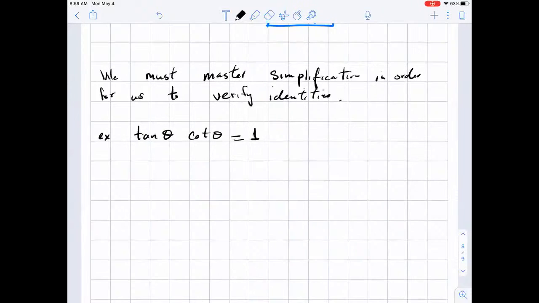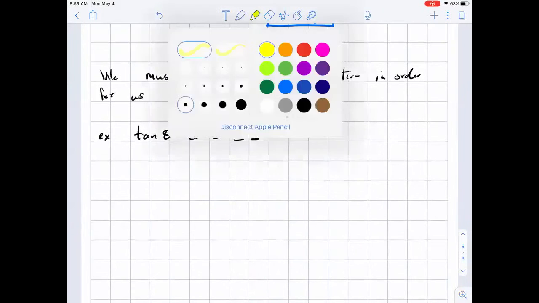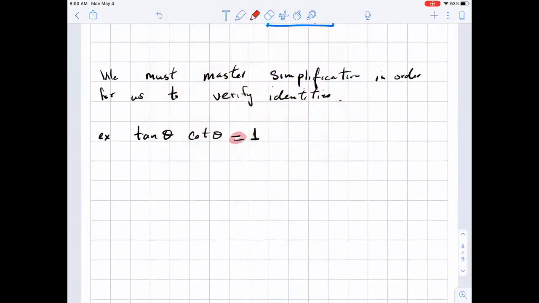Please note that now it's an equation. We want to take the left side or the right side and simplify it. Generally, we choose one side to work with. We want to simplify it to show that it is equal to the other side.